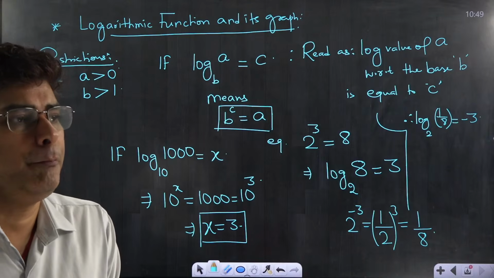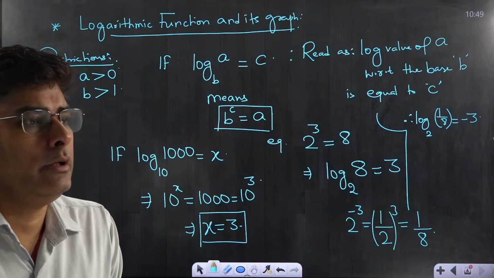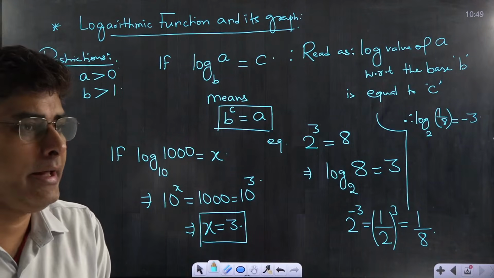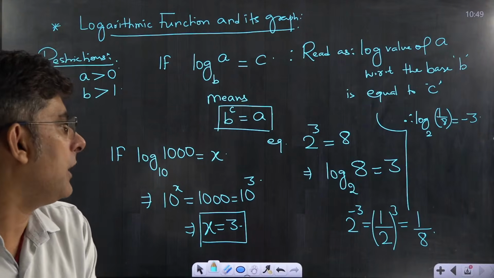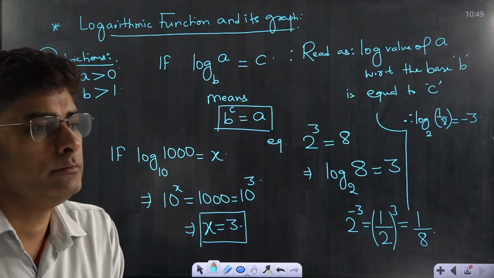Please check and tell. If 2 to the power minus 3 is 1 by 8, so can we write log 1 by 8 to the base 2 is minus 3 or not?